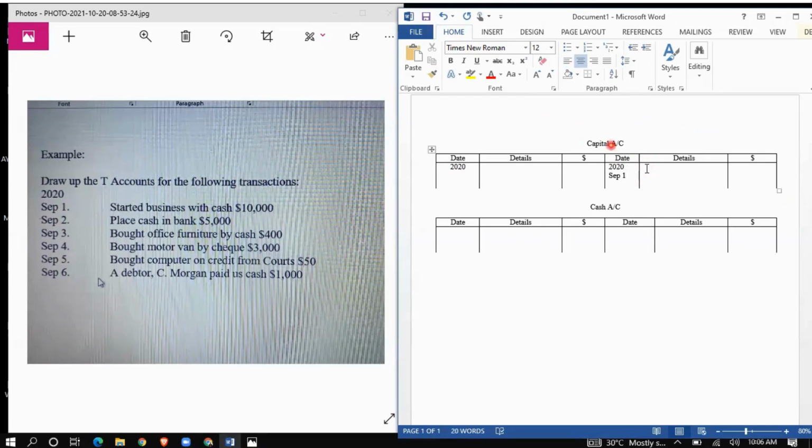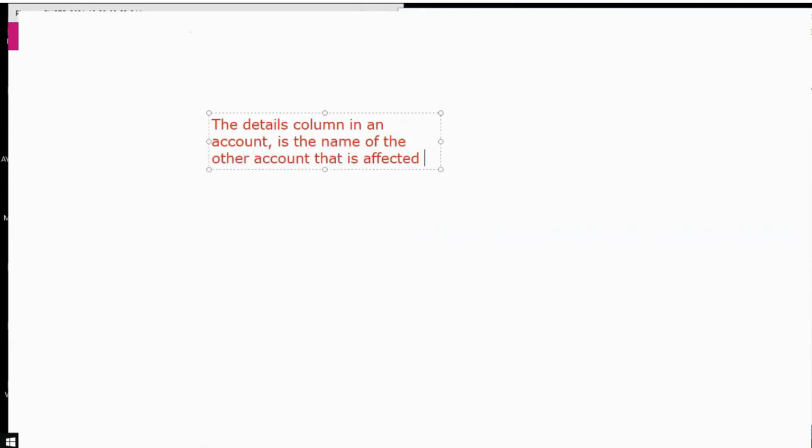Now jot this down in your notebooks for me. The details column in an account is the name of the other account that is affected in the transaction.